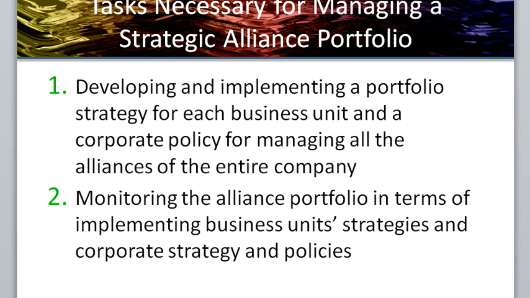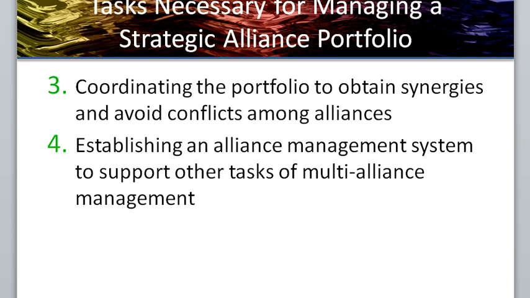Do these make sense? Are they working? Should we think about changing anything? After that, monitoring the alliance portfolio in terms of implementing the corporate strategies and policies: how are you going to put these strategies in place, and then monitor their progress.